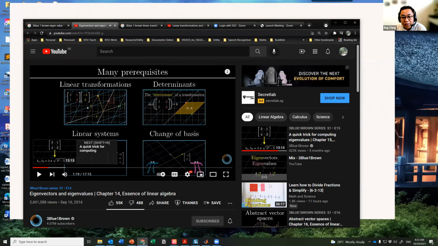Right. So among all these four things, the first one that you really need to understand is linear transformation. Without that, it's quite impossible to do this later on. And after that, determinant. For determinant, we are only going to be doing 2x2 or 3x3 matrices for exams. So that's all you need to know.